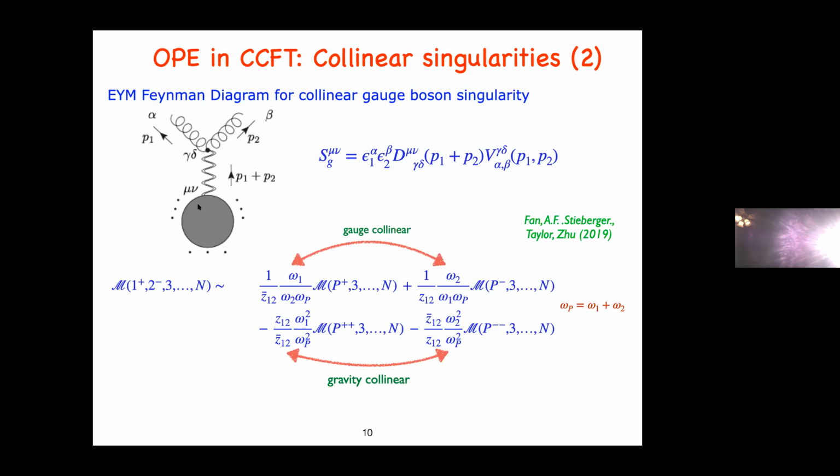Going into spin or helicity notation and looking at this diagram, which involves a graviton exchange, we can imagine it as two gluons fusing into a graviton, and then the amplitude factorizes into a factor like this one here, which is singular.